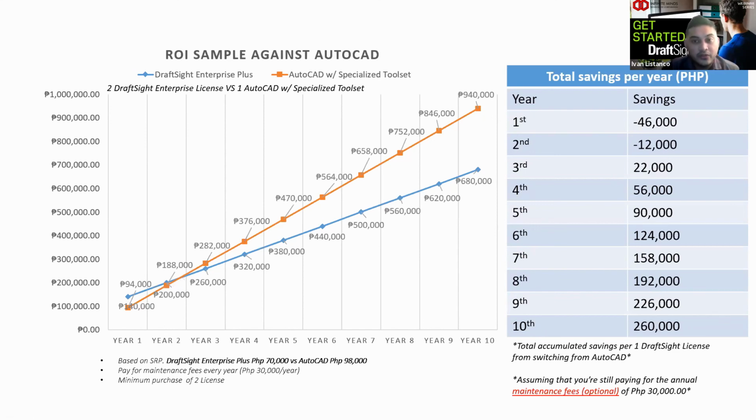So from your first and second year, ang savings mo is negative 46,000, and then second year negative 12. Pero on your third to 10th year, malaki na agad yung difference natin. So you have a savings of 22,000, 56, 90,000, and then 260,000 on the 10th year. Okay? Assuming again that you're still paying for the annual maintenance fees natin.